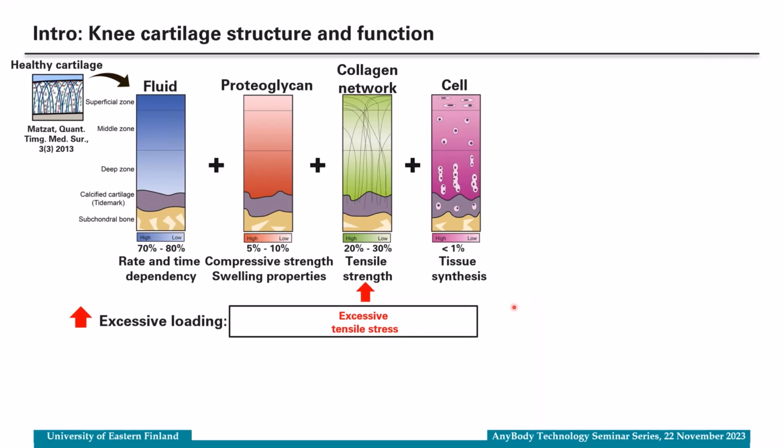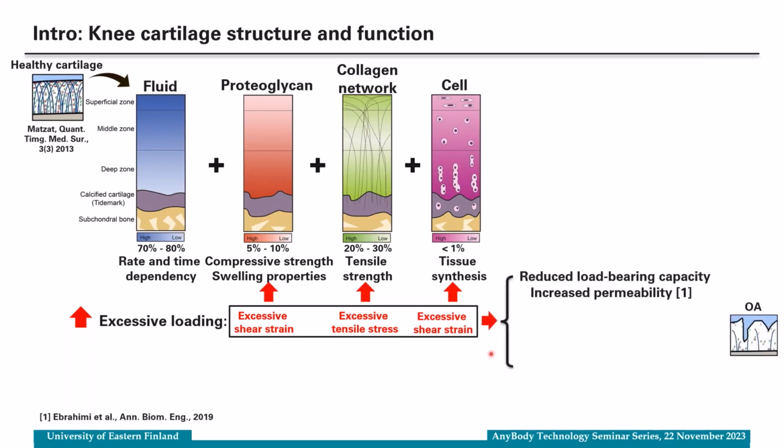But there are several studies suggesting that excessive loading, for instance excessive tensile stress, can lead to distortion in the collagen network, or excessive shear strain can lead to cell death, or loss of proteoglycans within the tissue, all of which together can reduce the load-bearing capacity.